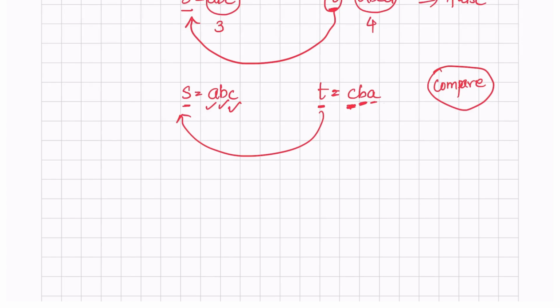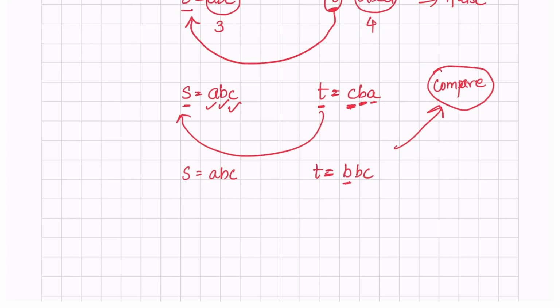But there's a problem here. There's a big problem here. Let's say S is equal to ABC and T is equal to BBC, for example. If we go by our comparison algorithm, what will happen in this case?